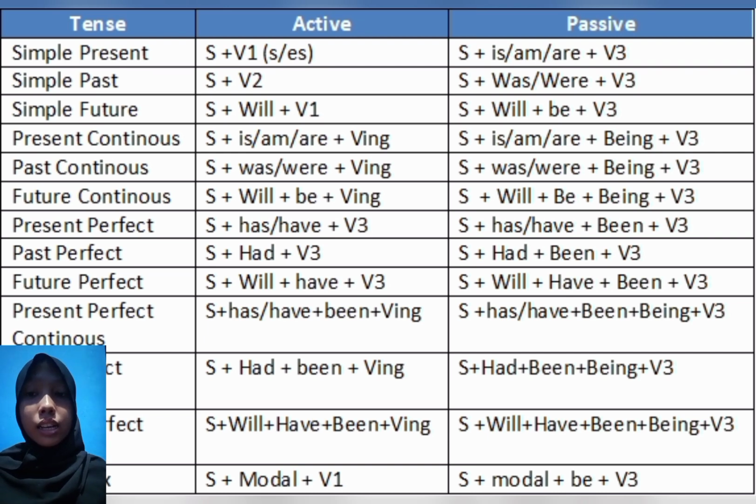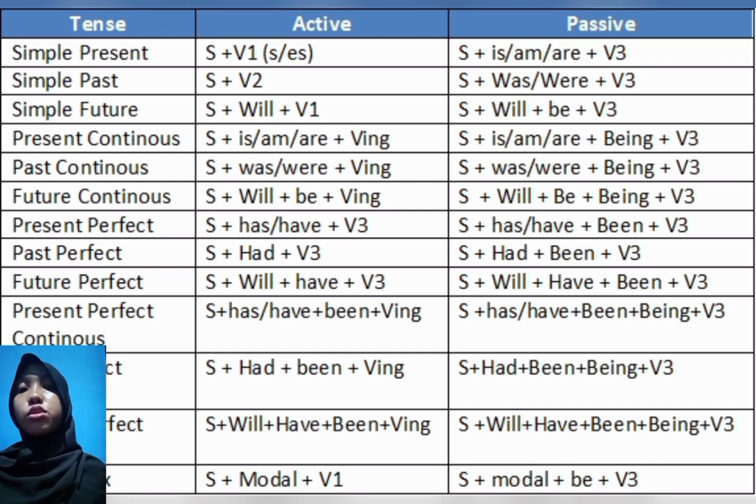Pattern passive: subject plus had plus been plus being plus verb 3. Future perfect continuous, pattern active: subject will plus have plus been plus verb ing. Pattern passive: subject will plus have plus been plus being plus verb 3.